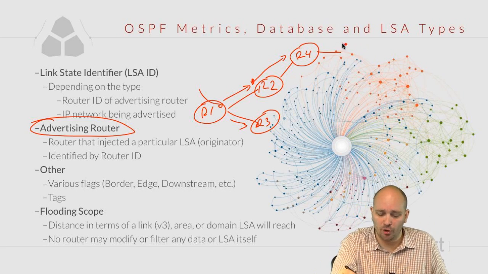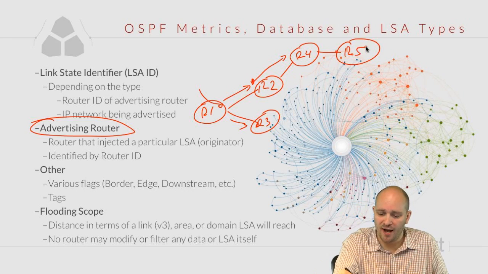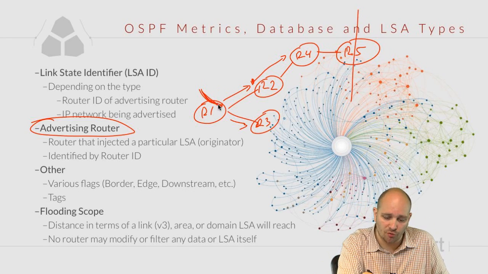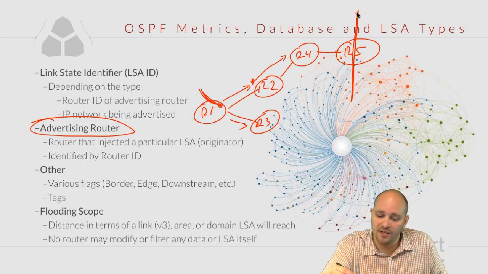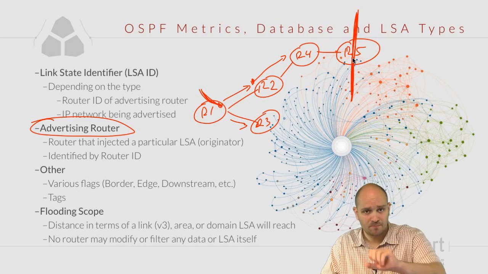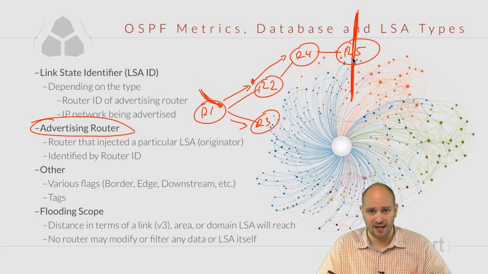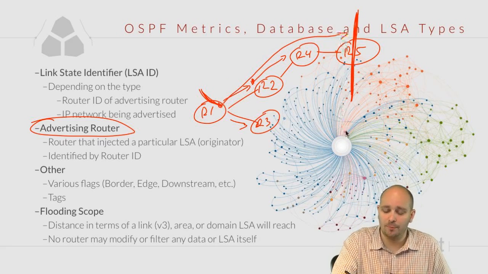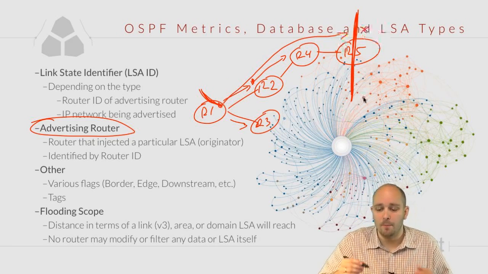But let's say that R4 here is connected to R5, which happens to be the ABR. Now, if this was an internal route, this is where the flooding scope for a type 1 LSA would end. I'm going to talk about the individual flooding scope for different LSA types, but for now just understand that this will go up to R5, but it will not go beyond here.